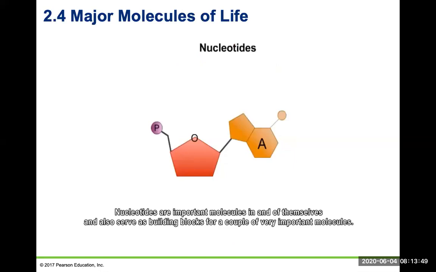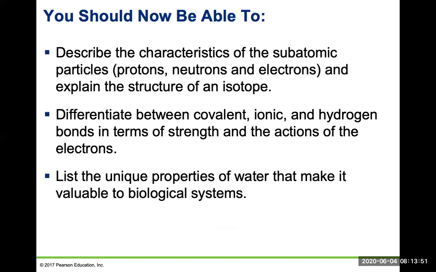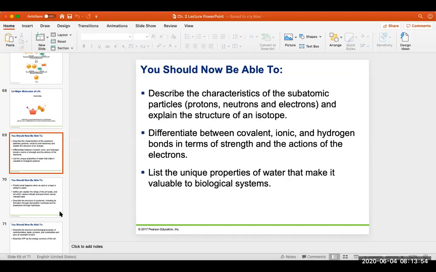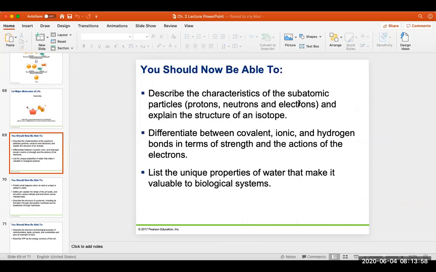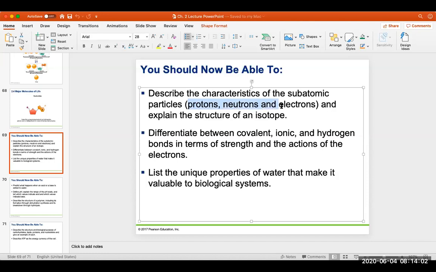Nucleotide video, please watch this one. And after this, you should be able to describe the characteristics of subatomic particles. So you should know the differences between these, explain the structure of an isotope.